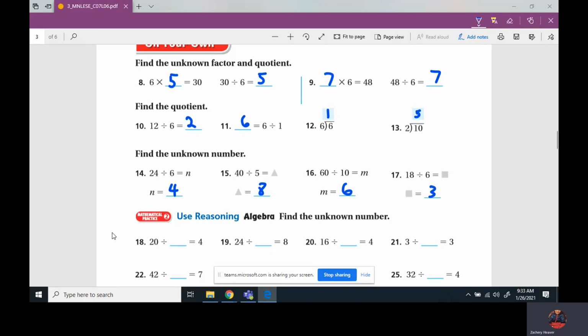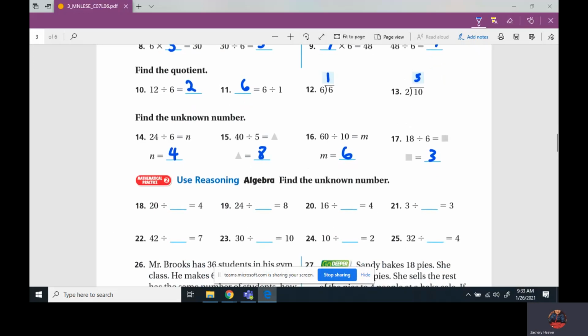Now, we're going to use algebra and use reasoning. So, we're going to work backwards. 20 divided by what equals 4? Well, let's figure this out. 4 times what equals 20? Adelie? That's our problem now. We're going to go backwards.